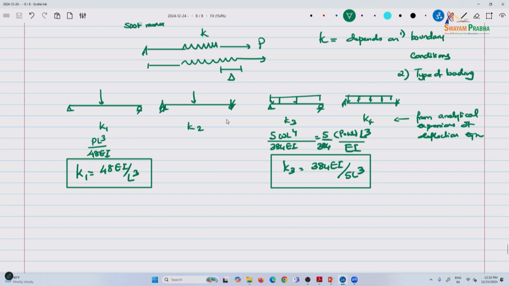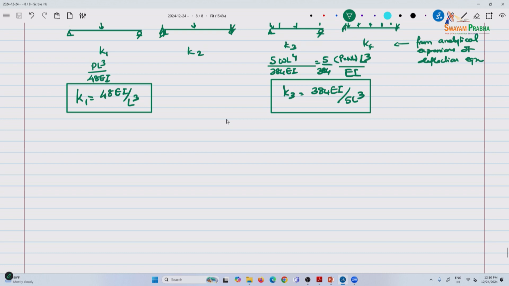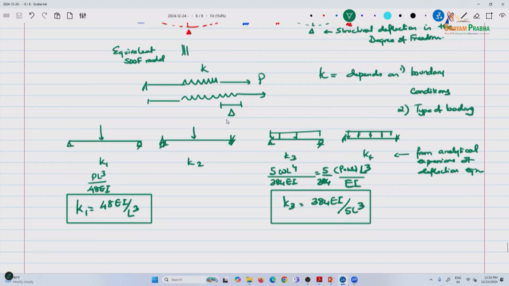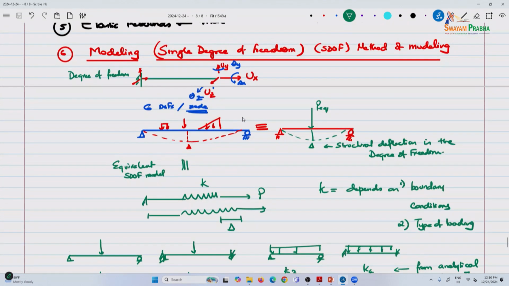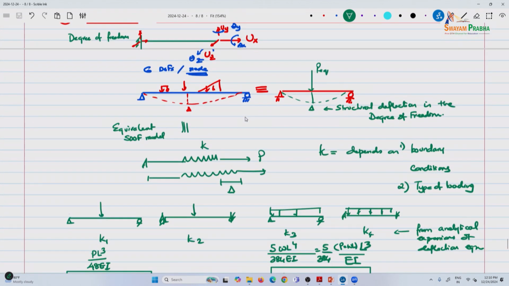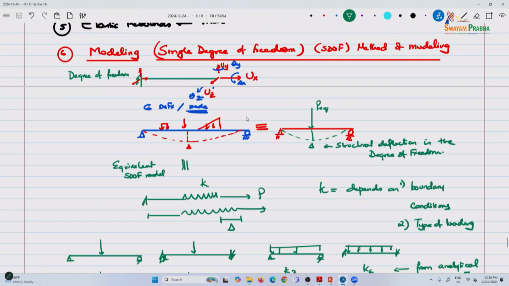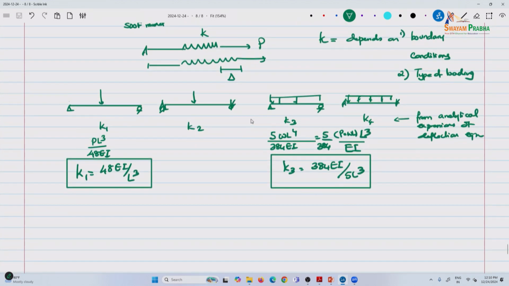Then the concept of modeling. So, this is the effect. There is a concept of equivalent mass.